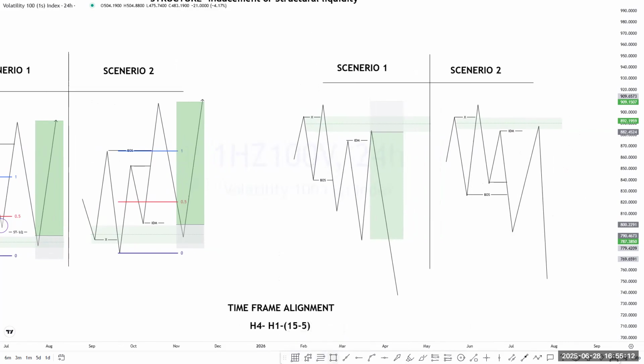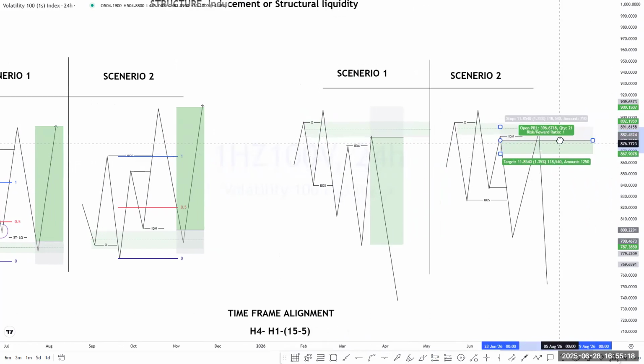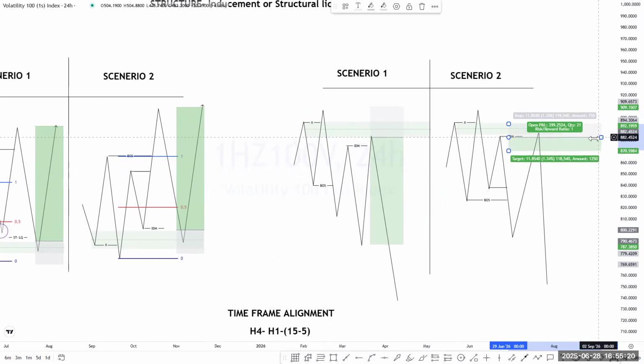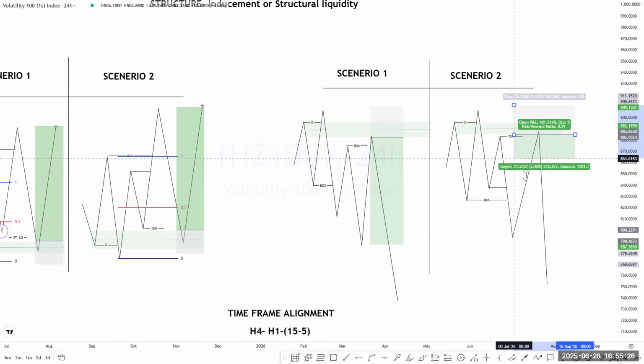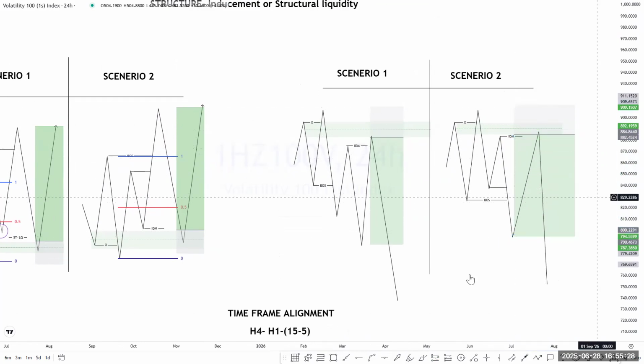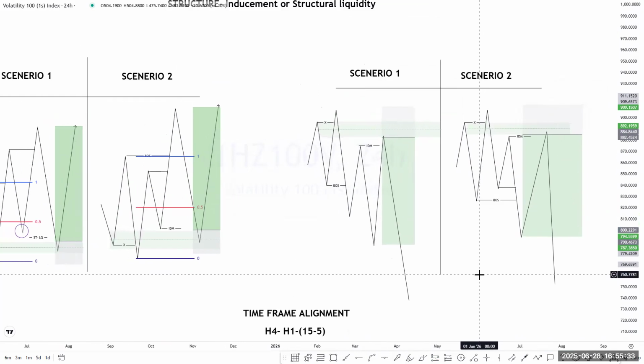Then your entry is going to be from this point. Your SL is going to be above, and your take profit is going to be this low. All right, please. This is very simple, right?